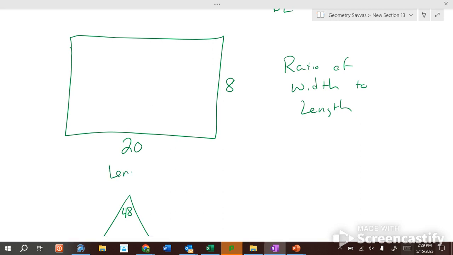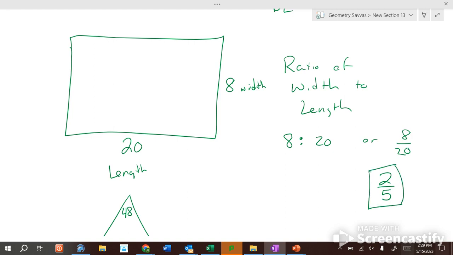This is length. This is the width. What is the ratio of the width to the length? 8 to 20, which is 8 over 20, which reduces down to 2/5.